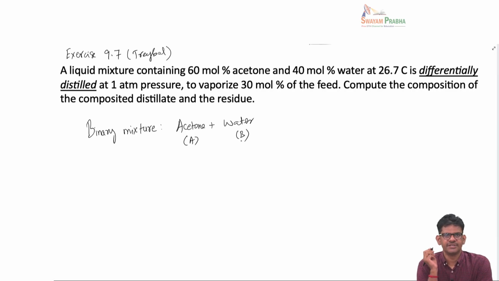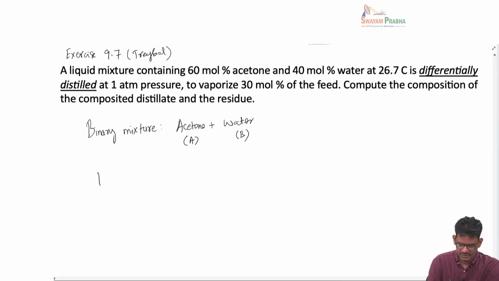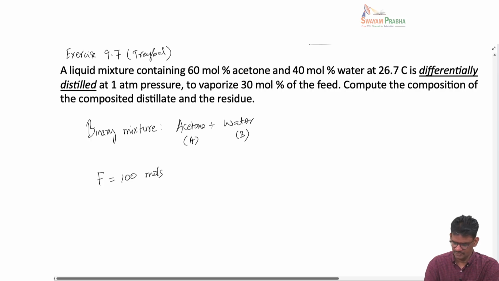And this is a differential distillation at 1 atmospheric pressure to vaporize 30% of the feed. So the total feed is not given, only a percentage, so we have to take a basis. Okay, we will take a basis of F equal to 100 moles. In this, 30 moles of the feed is vaporized, so D is 30 moles.